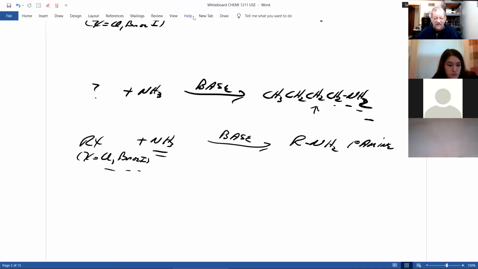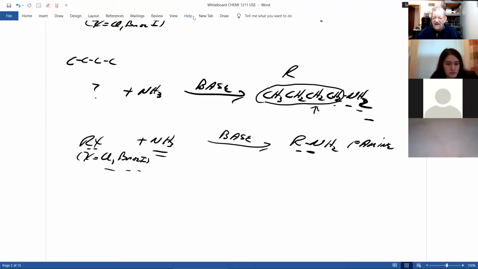So what's my R group? 4 carbons. The carbon with the nitrogen in R is the carbon with the halogen, RX. And therefore, we have 4 carbons. We didn't add any carbons, so I better start with 4 carbons.